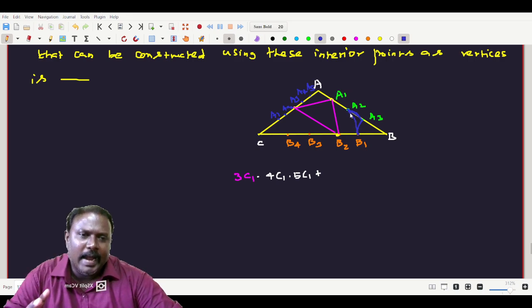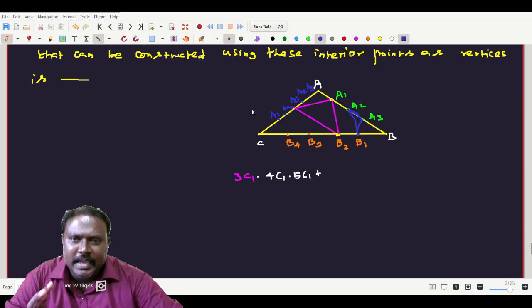After selecting these two vertices, I can also select any vertex from these five vertices. Take this one, and I can create a triangle like this, right?